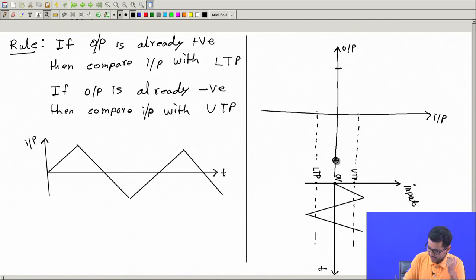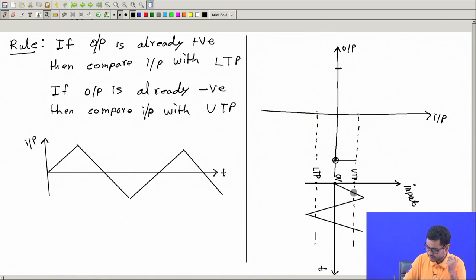Now as time increases, the input goes from here to here, so the input is increasing, but up to this point the output is not going to change because the input is below the upper trigger point. So the input will increase, the output will remain negative. This is t equal to 0; after that the input is increasing and increasing, but the output is still negative.